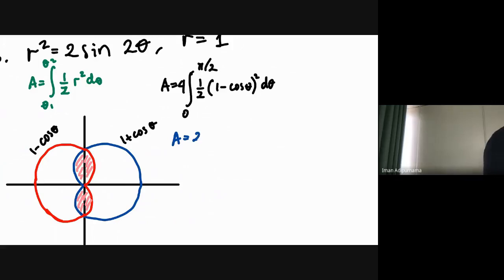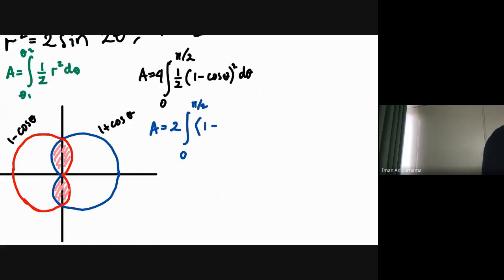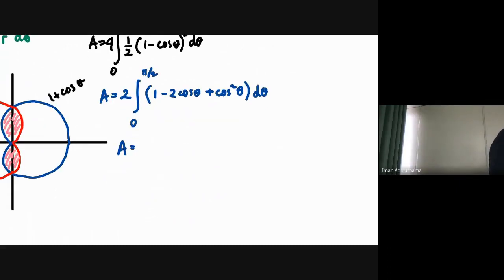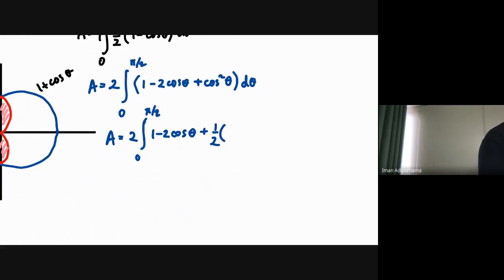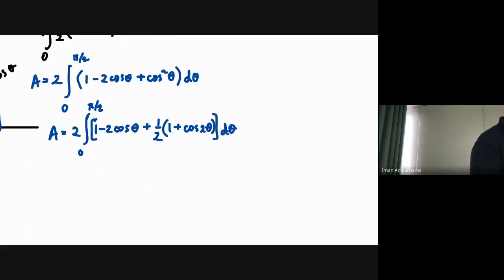It becomes 1 minus 2 cos theta plus cos squared theta, d theta. And then for the cos squared, we can use the double angle formula, and then d theta here. Okay.